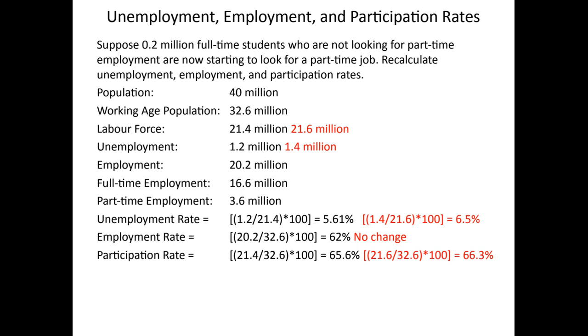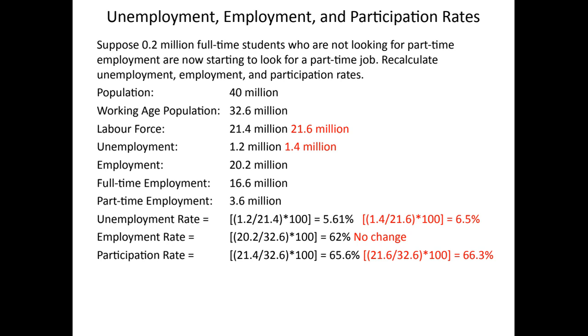So labor force participation, or participation rate, same thing. Sometimes you call it labor force participation, but participation rate is fine as well. So participation rate would be 66.3. Notice participation rate has also gone up from 65 to 66%.